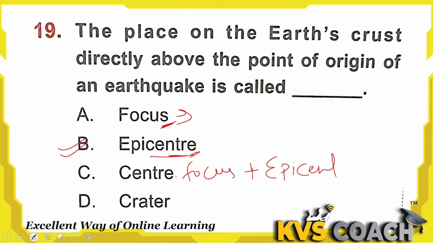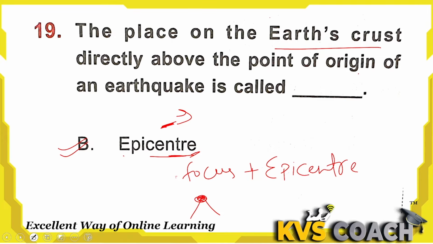And crater. Crater is a hole on the mountain, in oval or round shape, through which hot liquid and gases eject in the process of volcanoes and some other things also. So these holes are known as crater. But the right answer for our question is the earth crust directly above the point of origin. The origin point is focus, but above the origin point is known as epicenter. Option B is the right answer here.